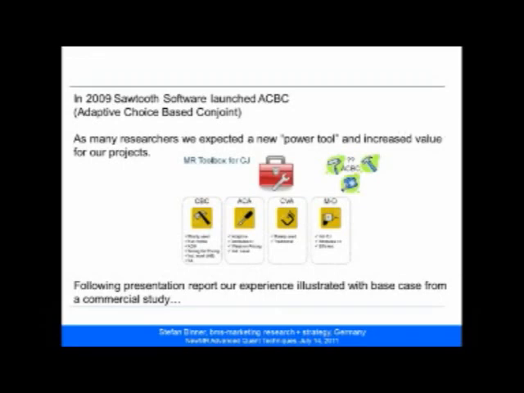Before that, we had a toolbox for conjoint, which consisted mainly of CBC, that's choice-based conjoint, the most used methodology. It uses full profiles. We can have alternative specific designs, strong for pricing. We have a lot of good experience using HB choice estimation, and so on.